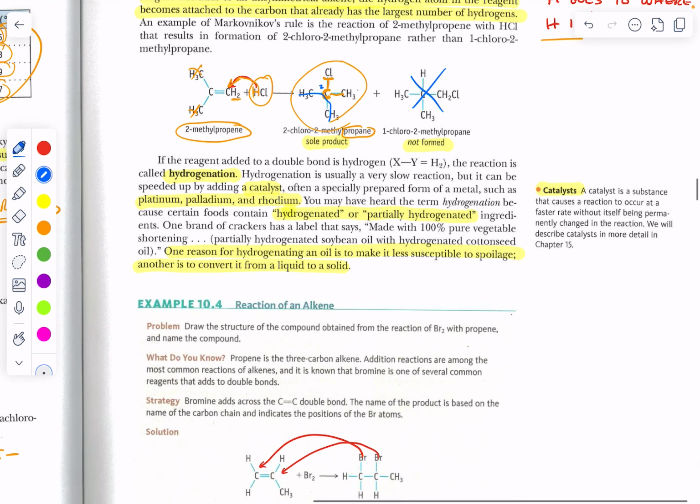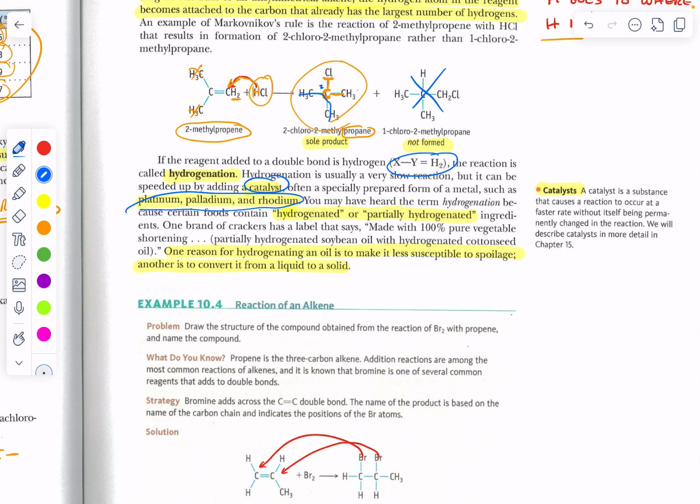Now, if the molecule that you're adding is diatomic hydrogen, we would call that hydrogenation. And that would happen with a catalyst, again, in the right temperature. Typically, in these kinds of syntheses, your catalysts are often a transition metal, like one of these, which can make them a little bit expensive.